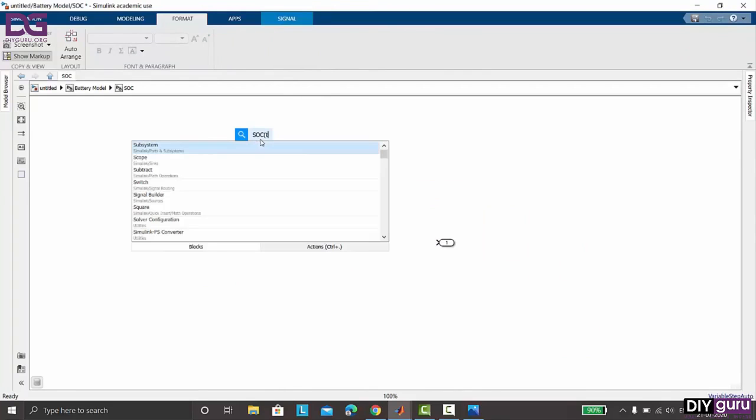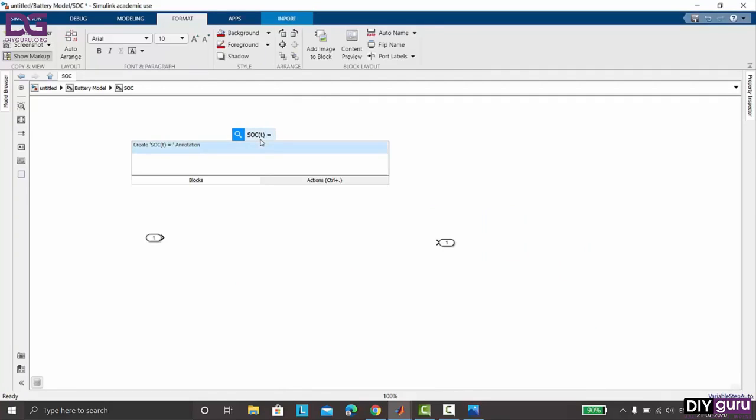The formula for estimating the SOC at time t is SOC at time t minus 1 plus or minus the integration of current with respect to time divided by the cell battery capacity in ampere hours multiplied by 3600.